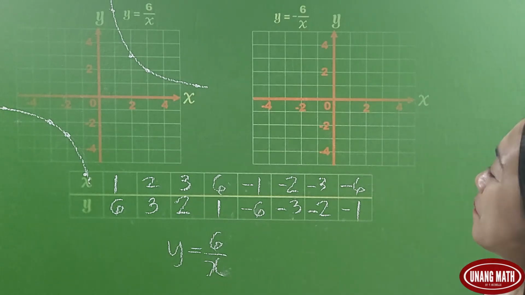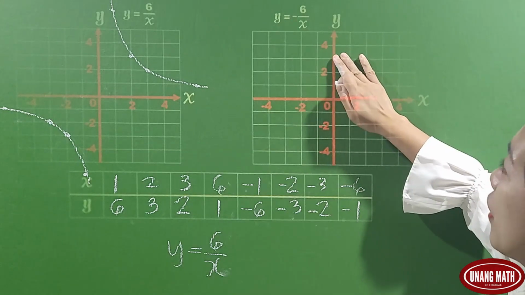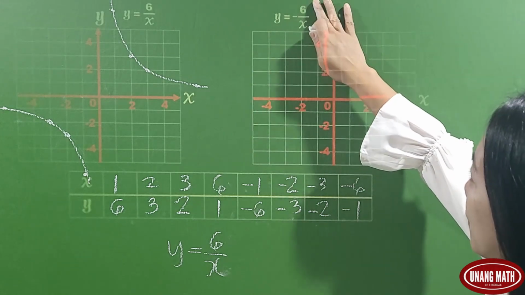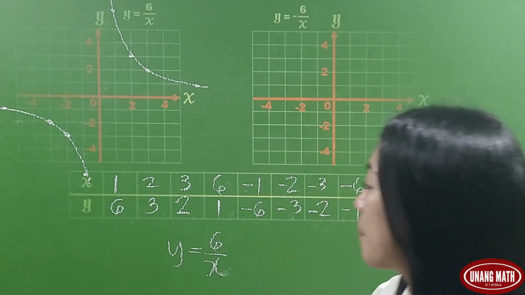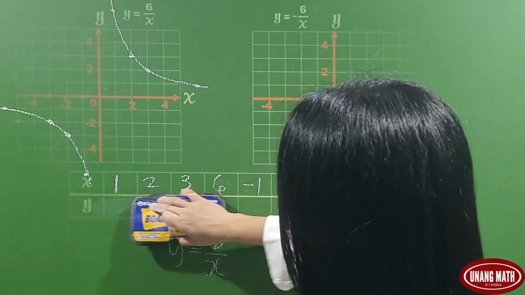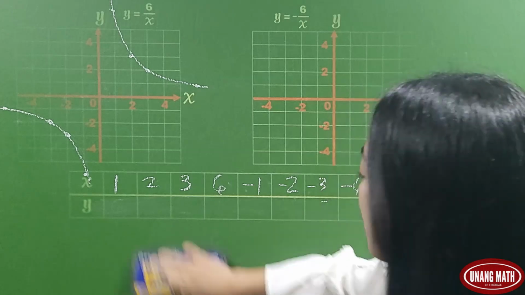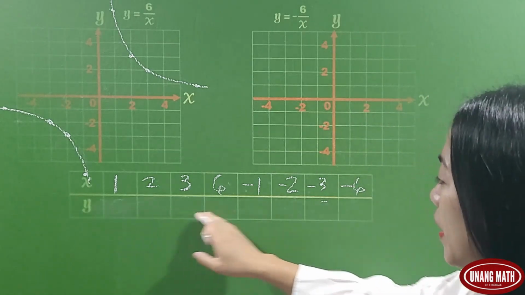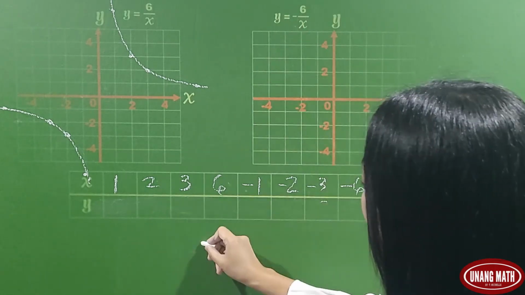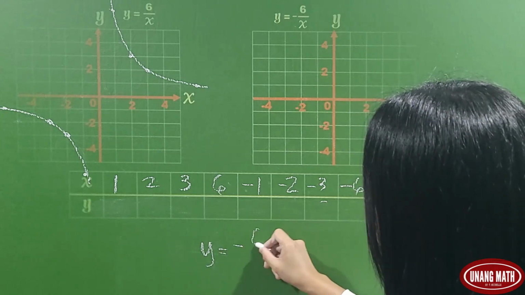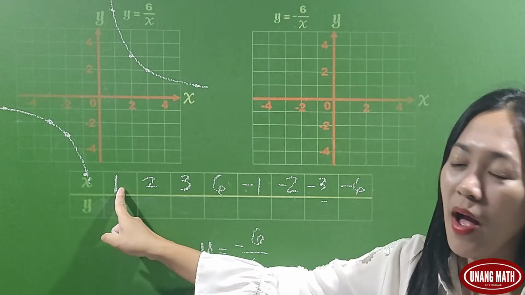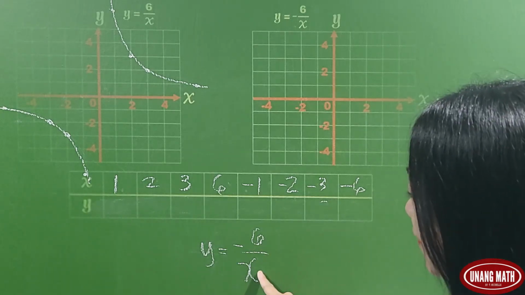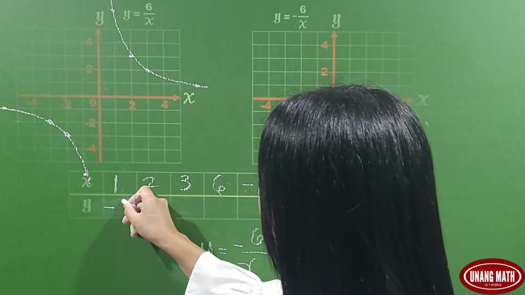This time, we will be drawing the graph of this equation y is equal to negative 6 over x, and a is a negative number. So let's find out first these y coordinates. If x is 1, or positive 1, so negative 6 divided by 1, that's negative 6.